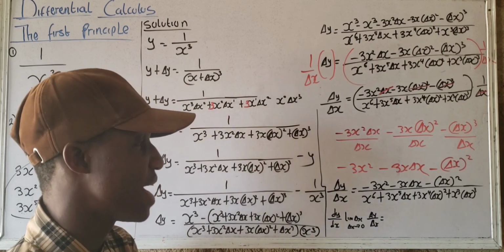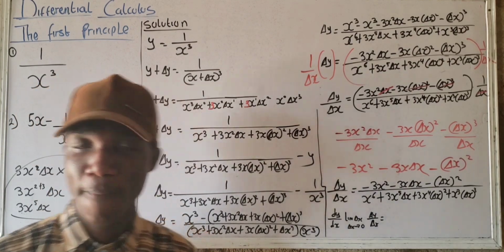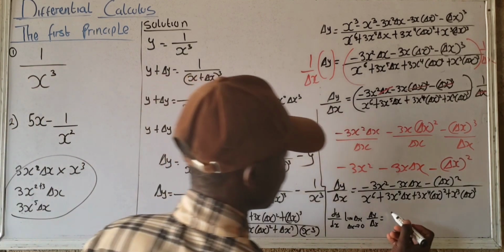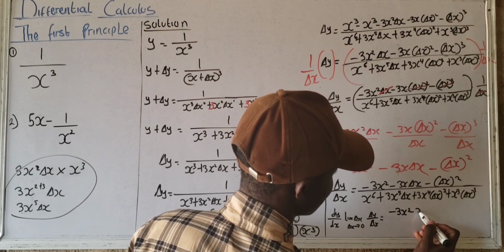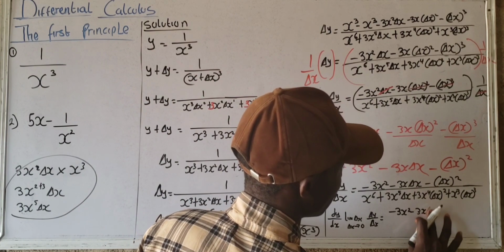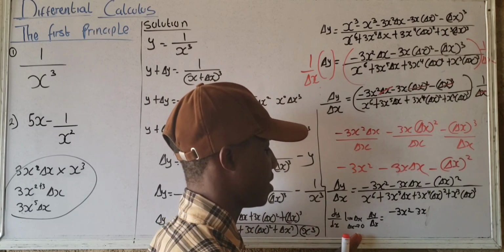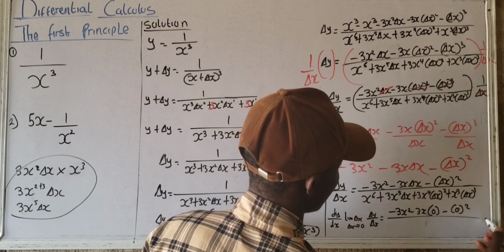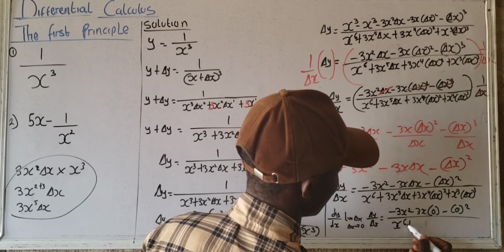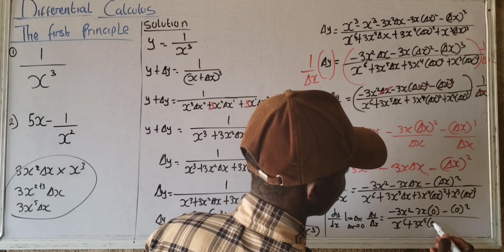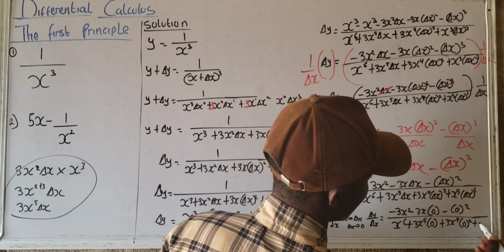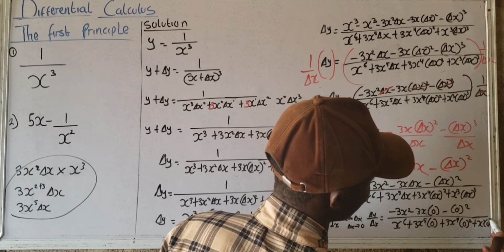Anywhere I see delta x on the right hand side of the equation, I'm going to replace it with 0. So I'm going to have negative 3x squared, negative 3x multiplied by 0, minus 0 squared, all over x raised to the power of 6 plus 3x raised to the power of 5 multiplied by 0 plus 3x raised to the power of 4 multiplied by 0 squared plus x raised to the power of 3 multiplied by 0 raised to the power of 3.